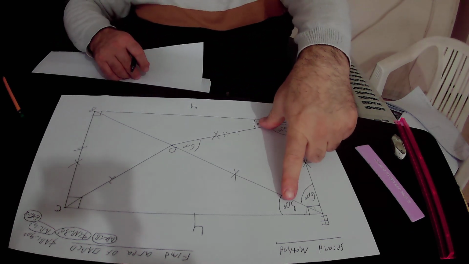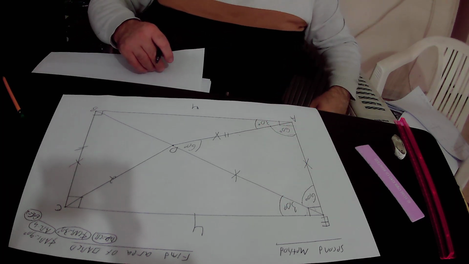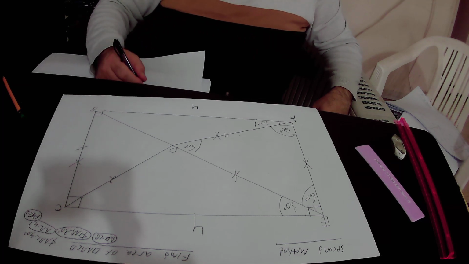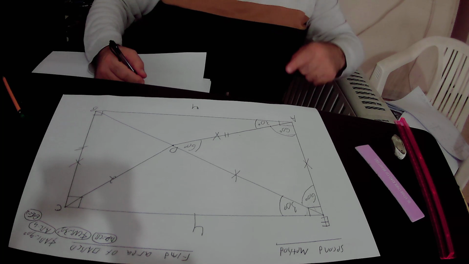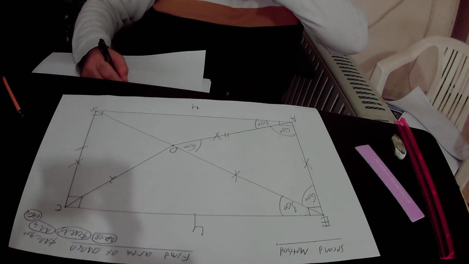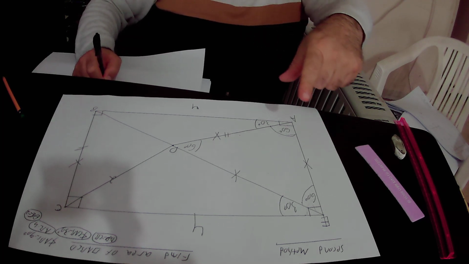Those two angles are equal to each other, they are both equal to 30 degrees, so angle DAB is equal to angle DEC, and they are both equal to 30 degrees.